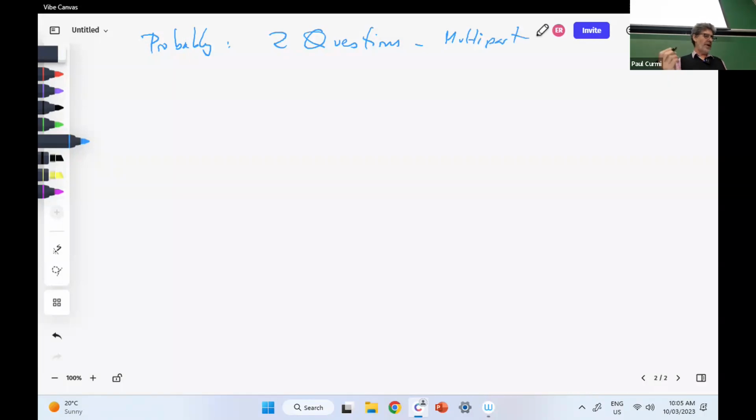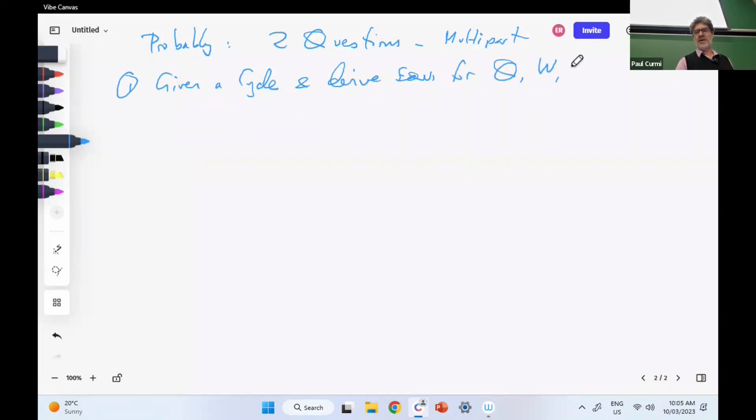Okay, so what I will include. 1, you'll be given a cycle and you need to derive equations for Q, work, energy, entropy, etc. for the cycle or any part of the cycle. You need to be able to derive the equation for efficiency.